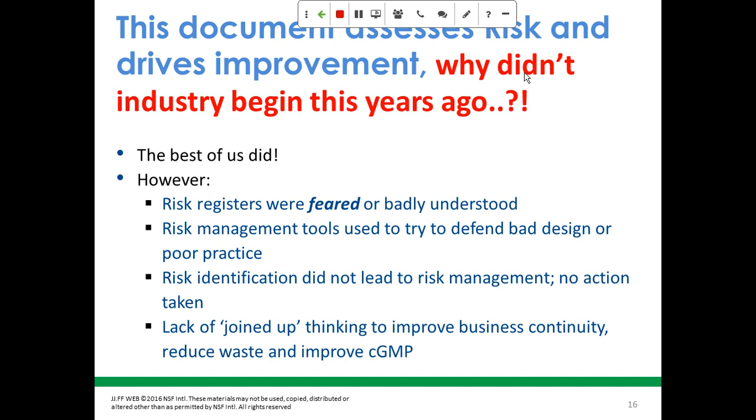Fundamentally as well, many firms have missed the opportunity to think in a joined-up way, to actually think about how this type of approach can improve business continuity, how it can reduce waste, and obviously ultimately improve CGMP.